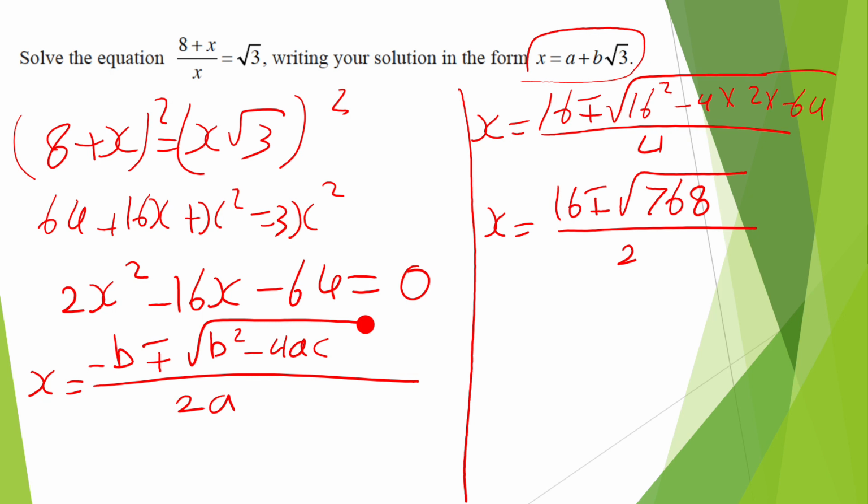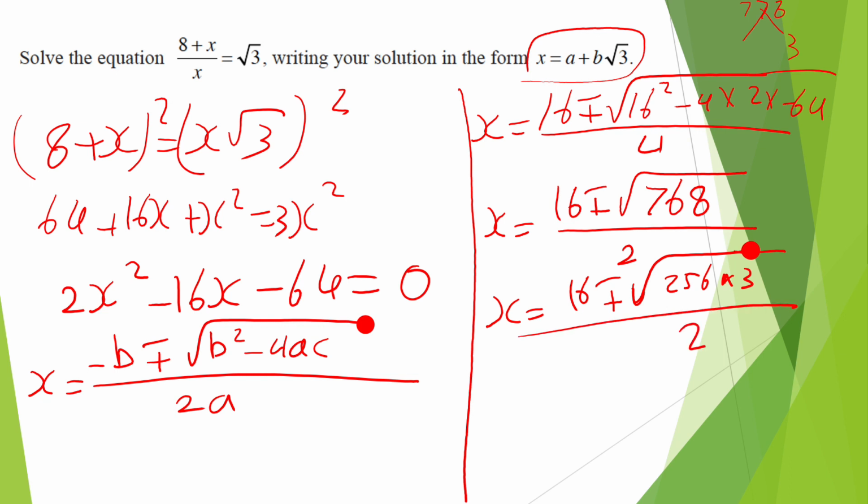So I'll divide by 3 and end up with 256, and the square root of 256 is 16. So with this hint, the square root of 3, you know that you're looking for what 3 times what gives me 768. And that's why we would rewrite it as 16 plus or minus square root of 256 times 3, over 4.